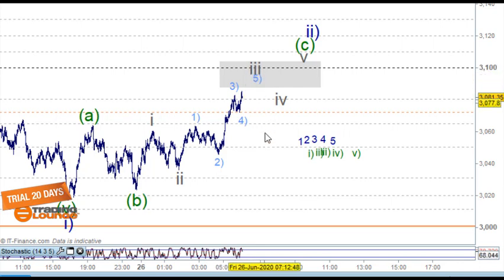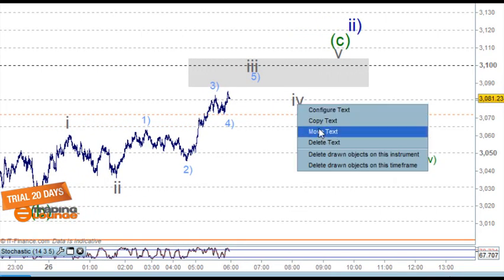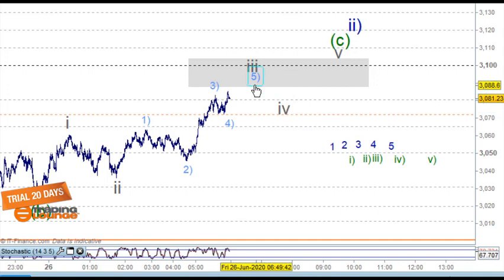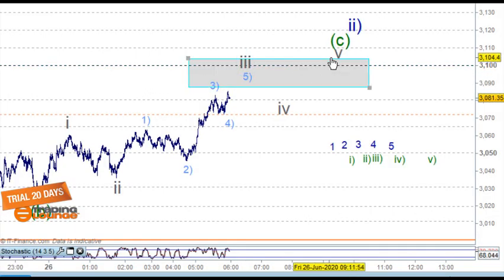And then we'll have, not much after that, wave 4 here. So that will finish off up here somewhere. It may reach up here, we'll see, but it doesn't matter if it does or doesn't.